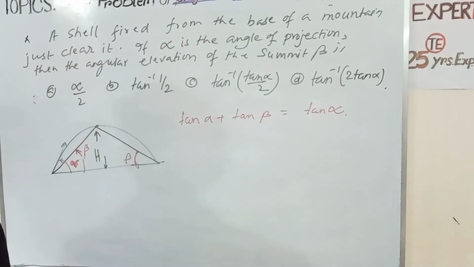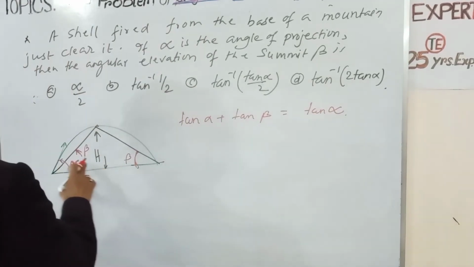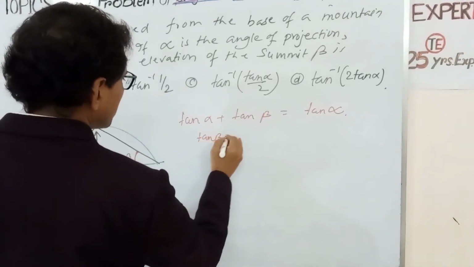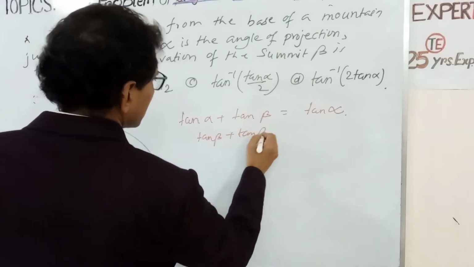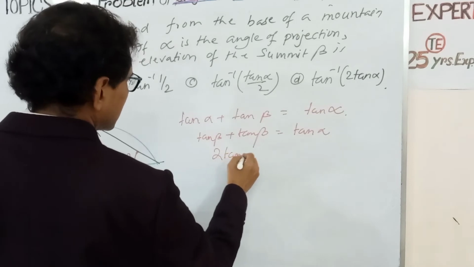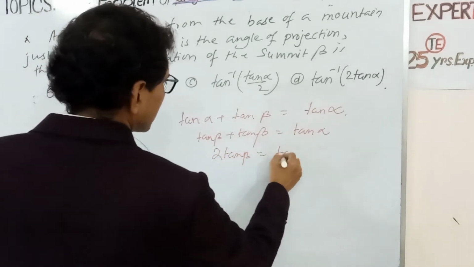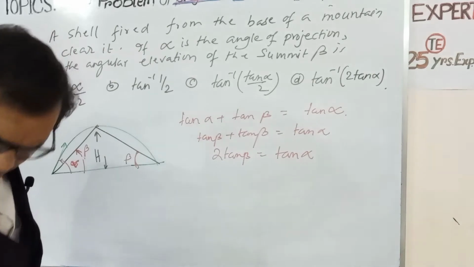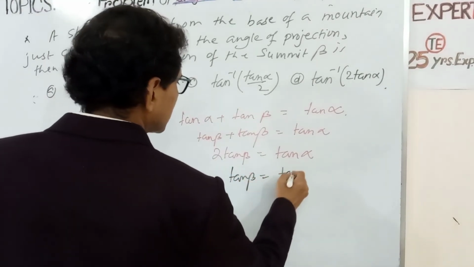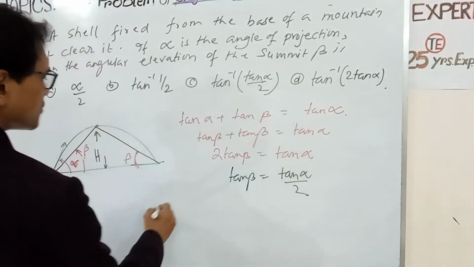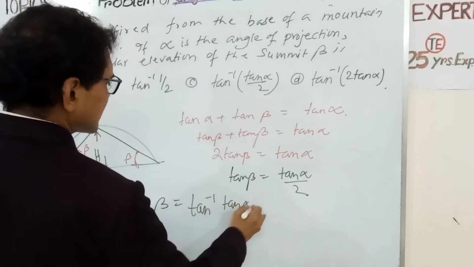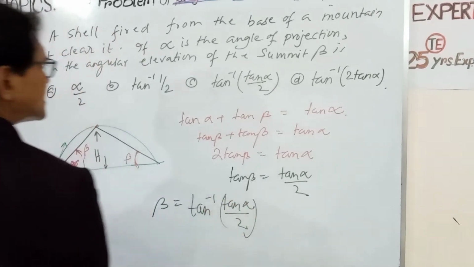So tan alpha plus tan beta, given here, alpha means this, equals tan beta plus tan beta, equal to tan alpha. So 2 tan beta equals tan alpha, that is tan beta equals tan alpha by 2. So beta equals tan inverse of tan alpha by 2. This is the option.